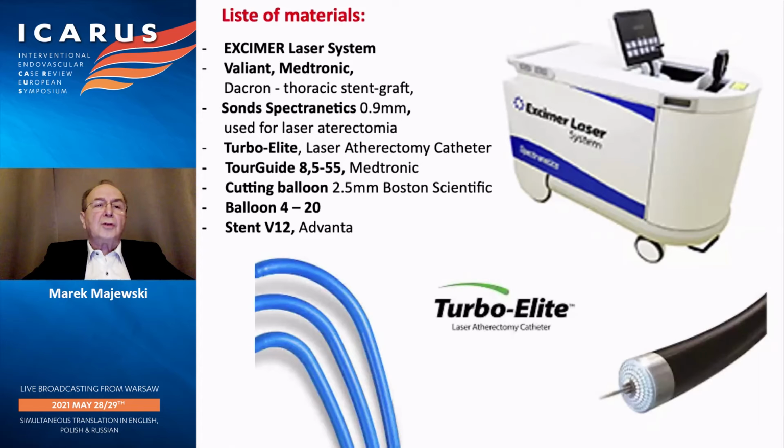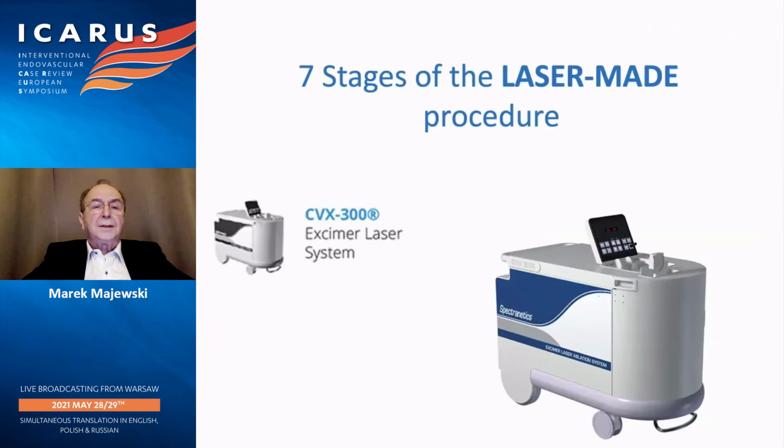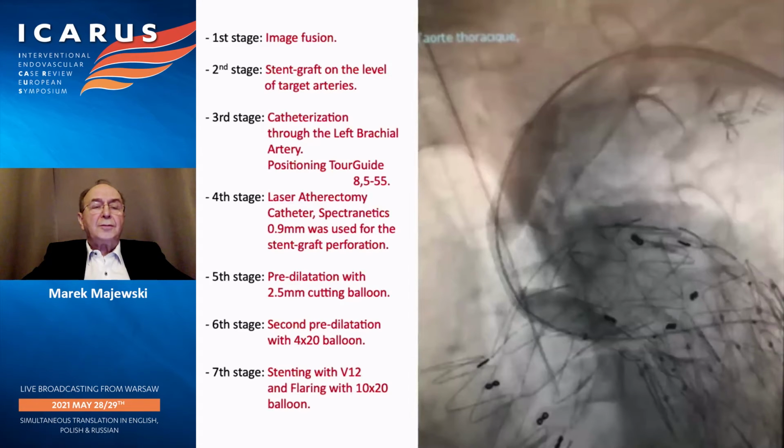This slide shows a list of material, and now I would like to present 7 stages of the laser-made procedure. Under image fusion, we put in the stent graft at the level of target arteries.